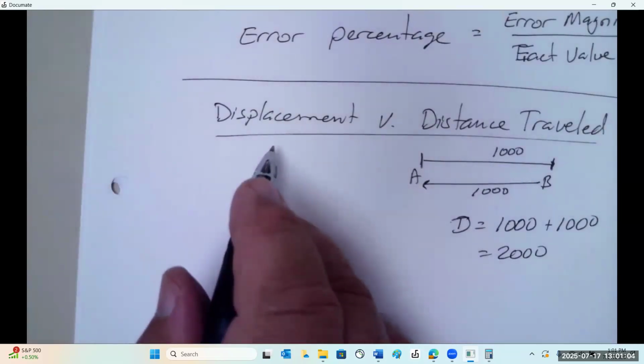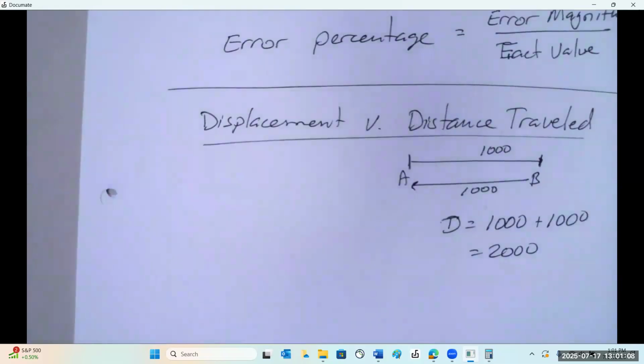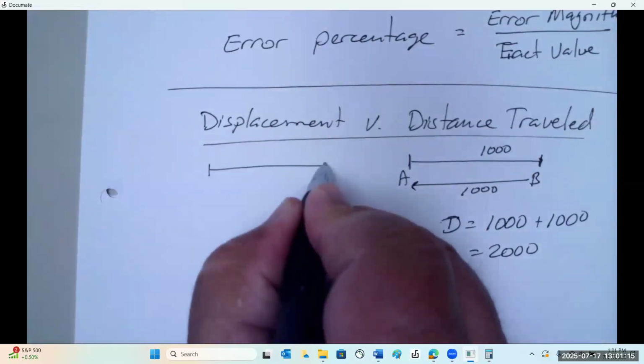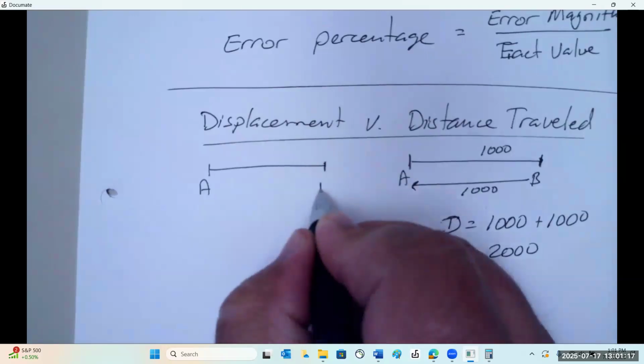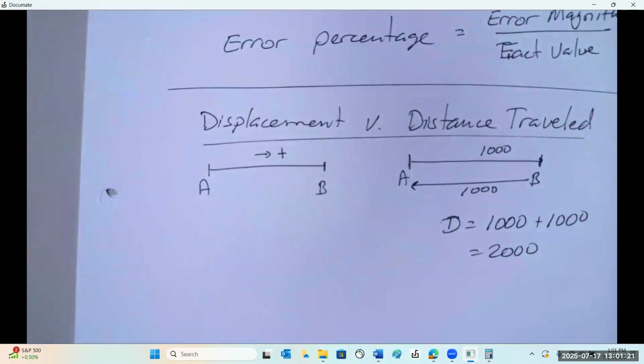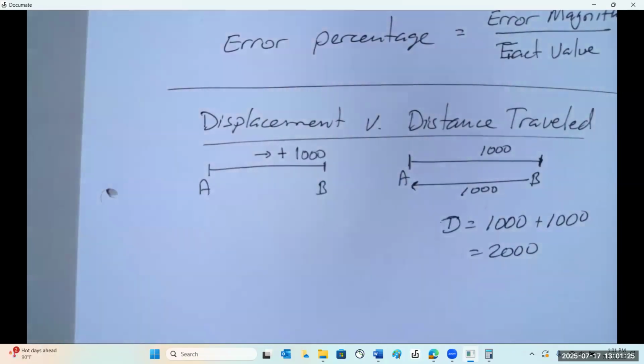Displacement, on the other hand, is now you have to put values on directions traveled. So going from point A to point B, that's going to the right, so we'll call that positive. That's a positive 1,000 miles.